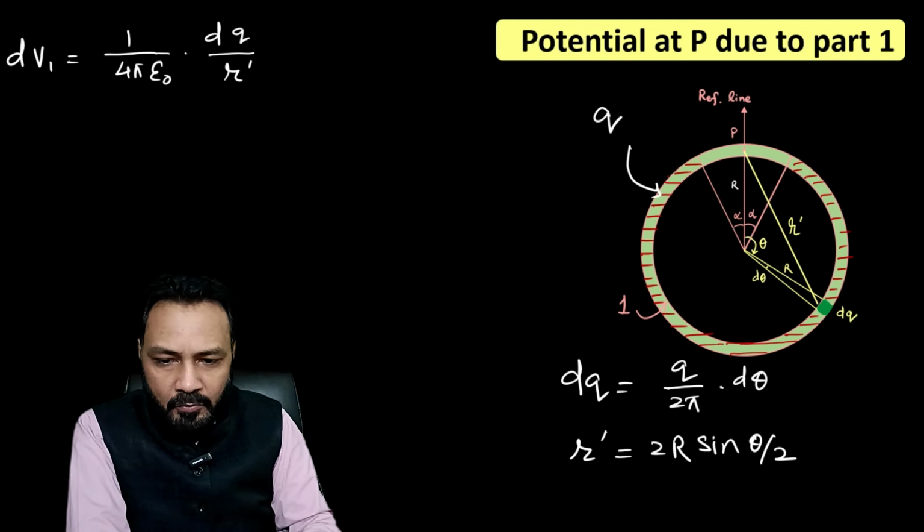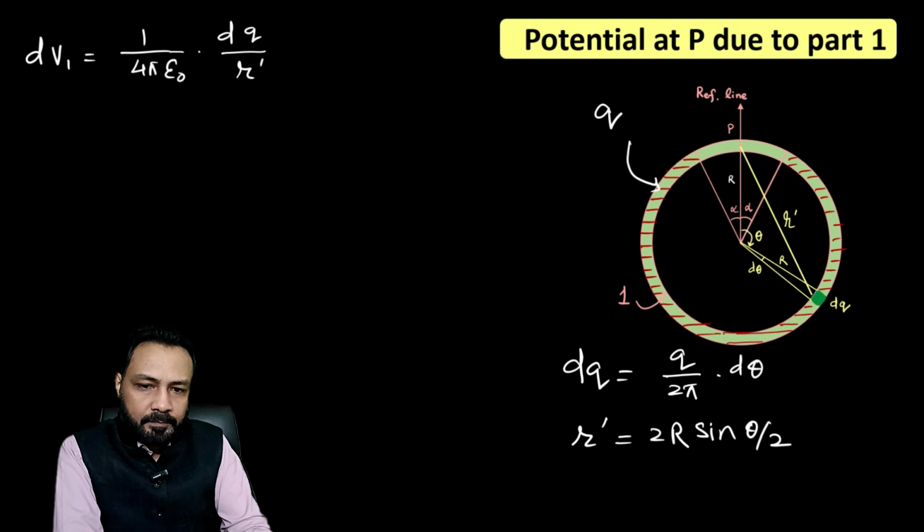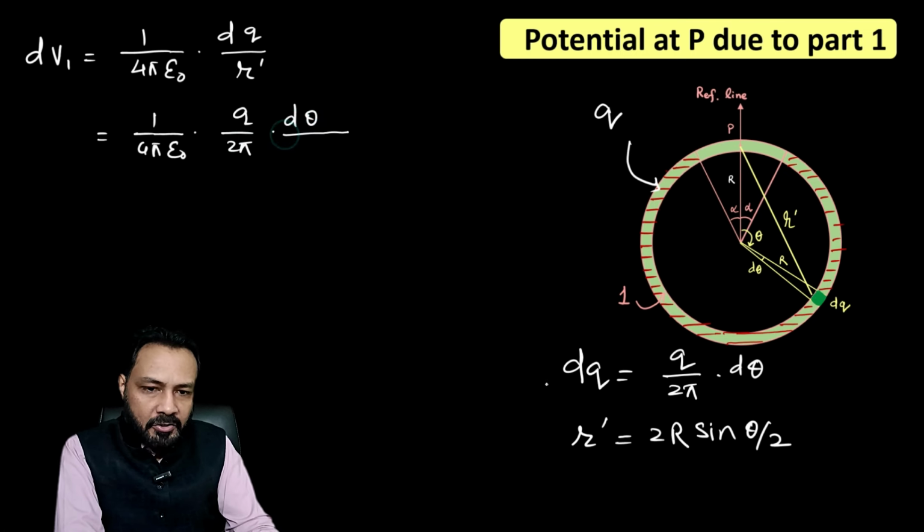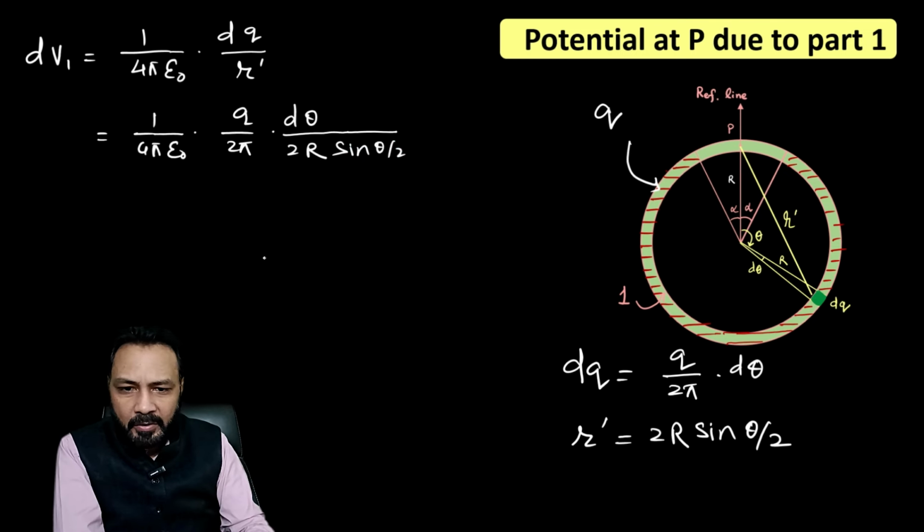So putting the values of dq and r dash, 1 over 4 pi epsilon naught, dq is q divided by 2 pi into d theta, and r dash is 2r sine theta by 2. Now let me rearrange this.